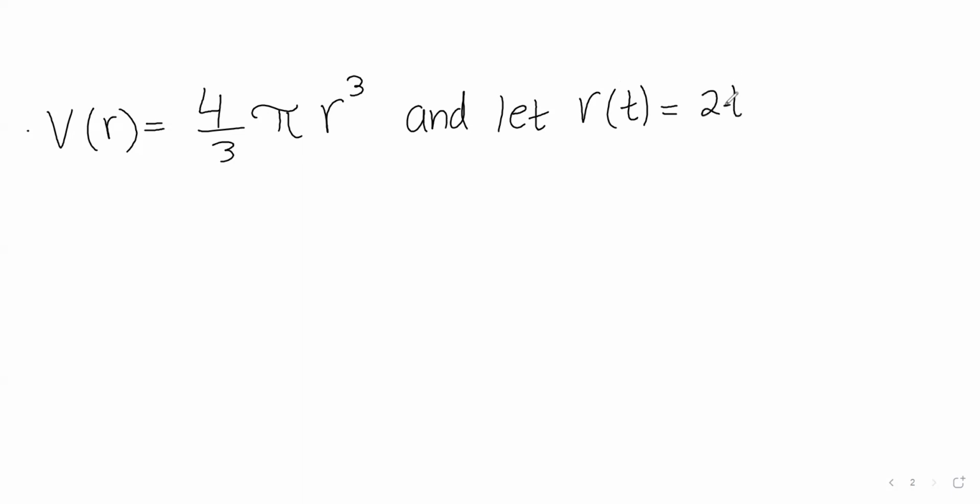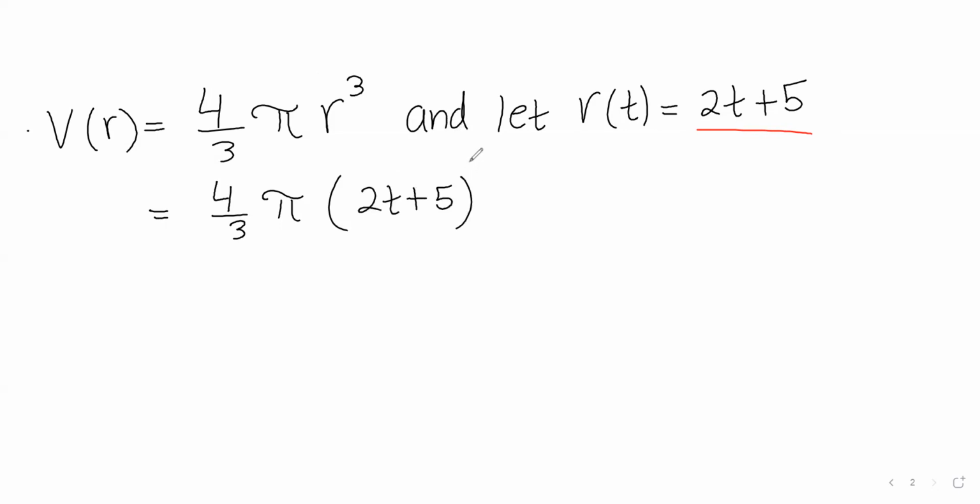Suppose the radius changes according to the expression 2t plus 5. Then the volume could be represented in terms of time. 4/3 pi. Again, the idea is that I'm replacing a variable r with an expression. So I replace r with 2t plus 5, and it's cubed.